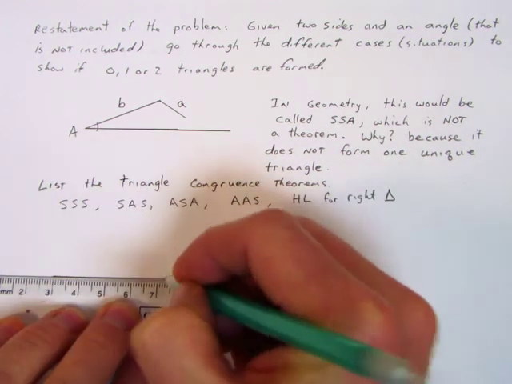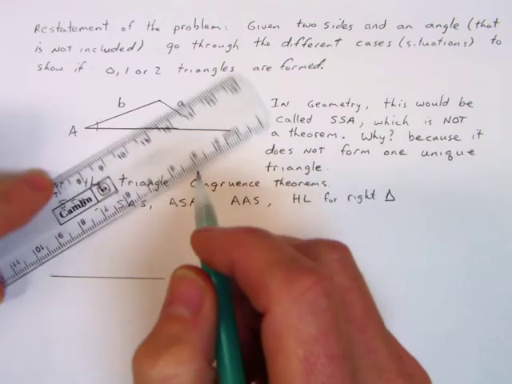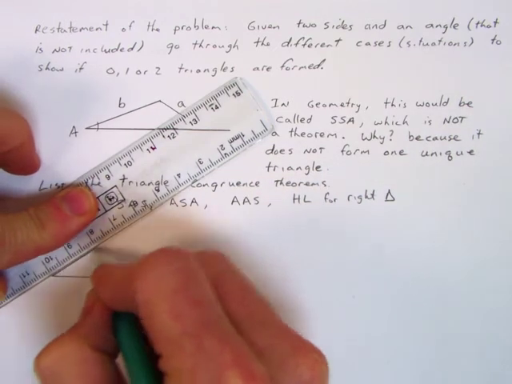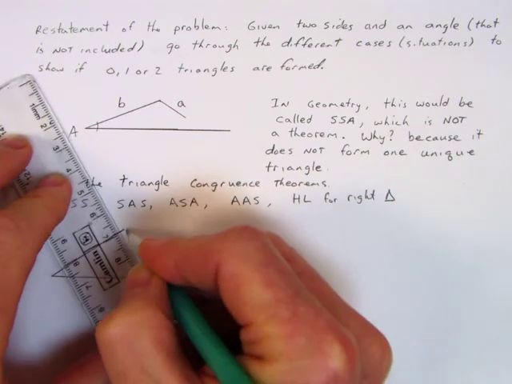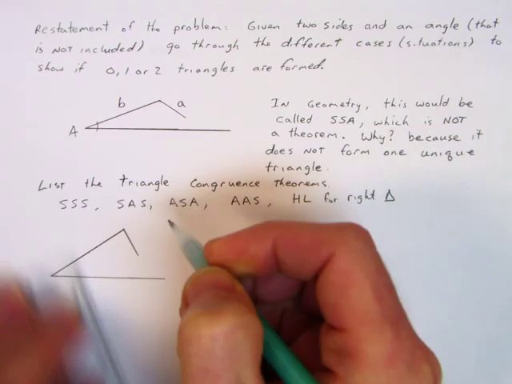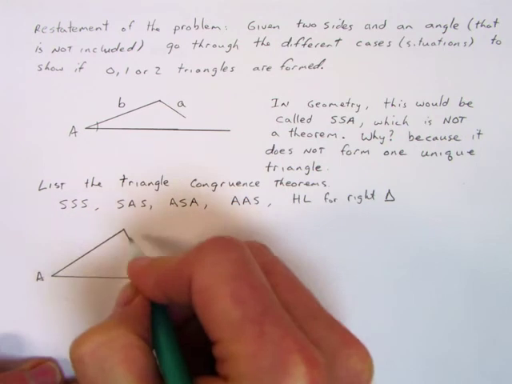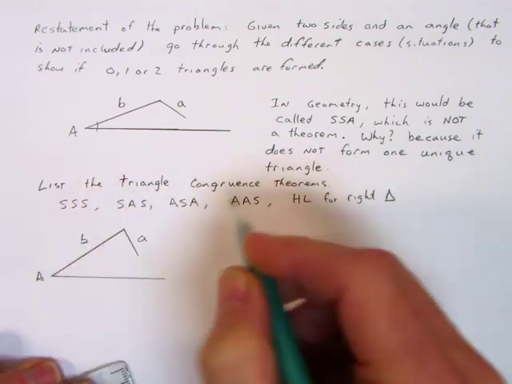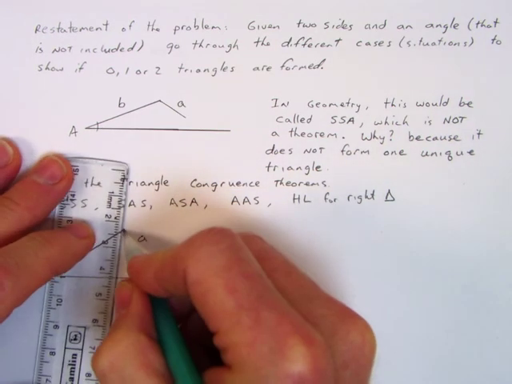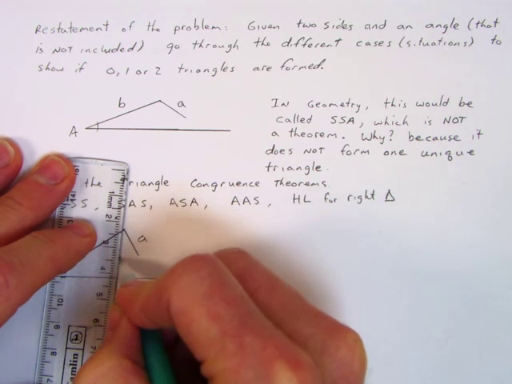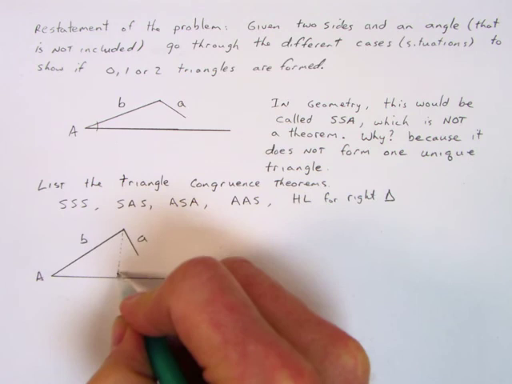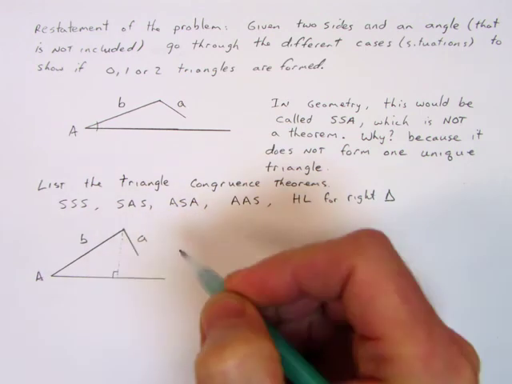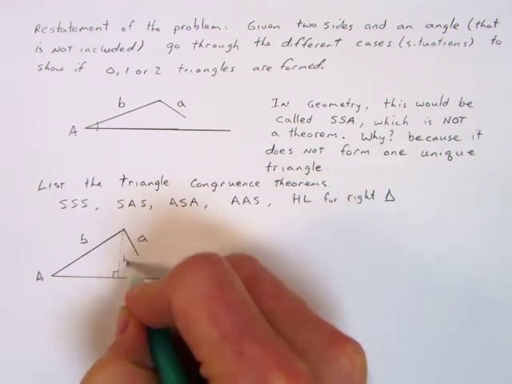First, I'll look at the first case. What happens if I have a piece like this? Let's first review: what if I drew this length down there? That's supposed to be straight down, and this is a right angle, and I'll call that h.